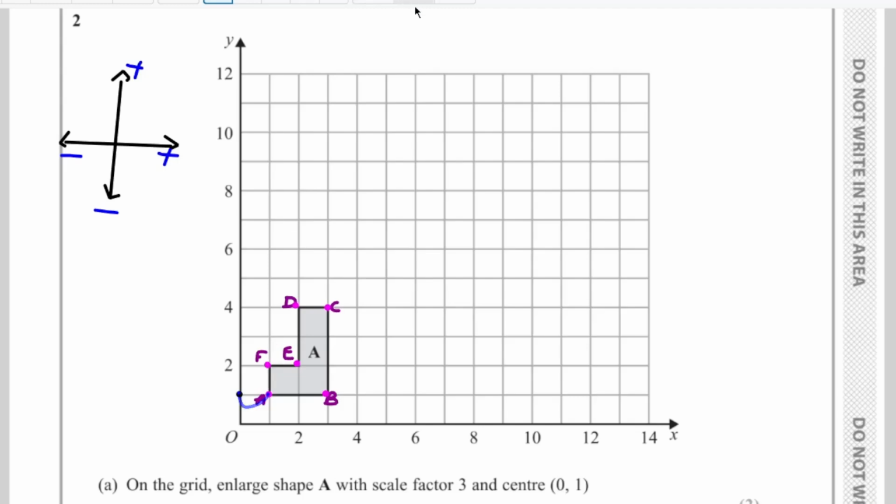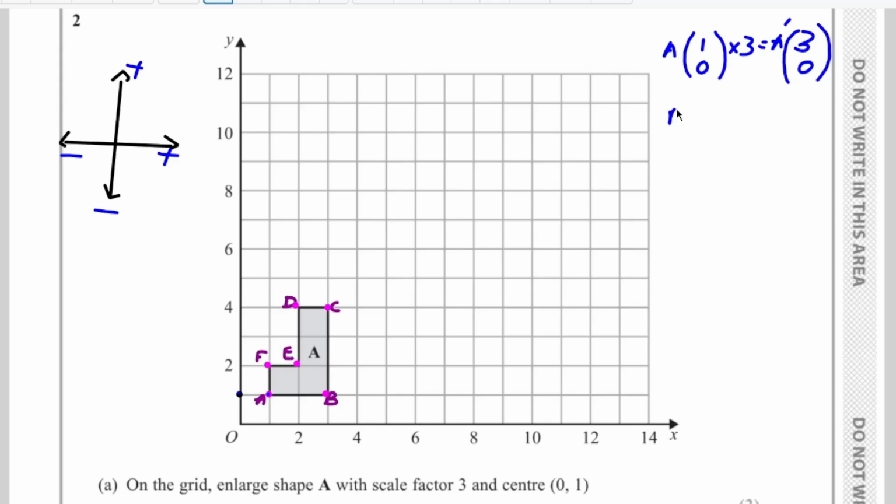Therefore, I'm writing the vertex A as 1 movement horizontal, no movement for the vertical. And since the scale factor is 3, I have to multiply by 3. Finally, the vertex of the image would be 3 into 1, 3, 3 into 0, 0, so 3, 0.